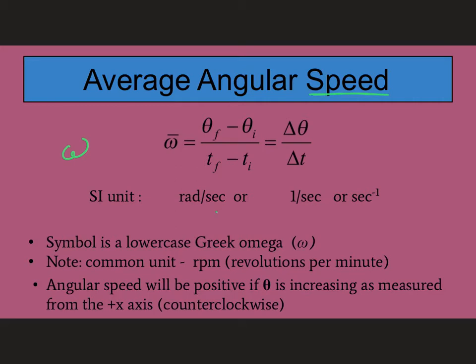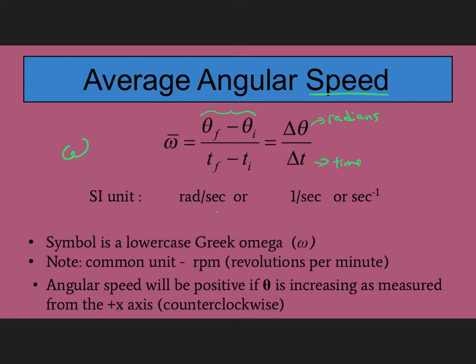So the average angular speed is equal to, this right here is our change in angle, right? So again, in radians, change in angle in radians over change in time. So hopefully we see some similarities here between our angular speed equation and our regular speed equation, or velocity equation, which was change in position over change in time.